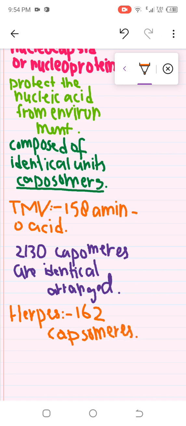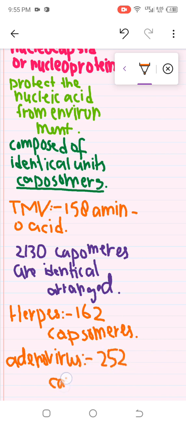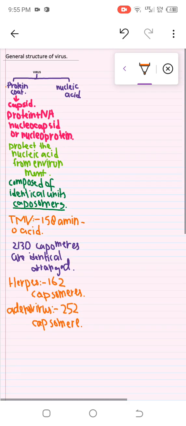Another one is the common cold virus, or adenovirus, which contains 252 capsomers. Virus shape is based on the capsomer arrangement. How capsomers are arranged, on the basis of that the virus shape is formed.